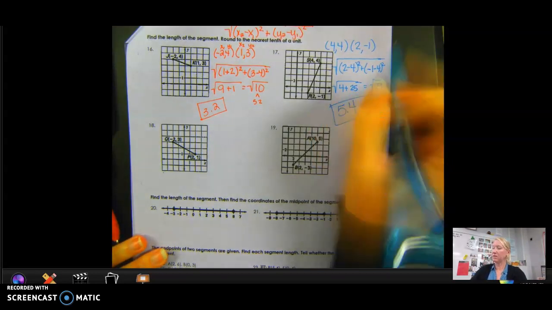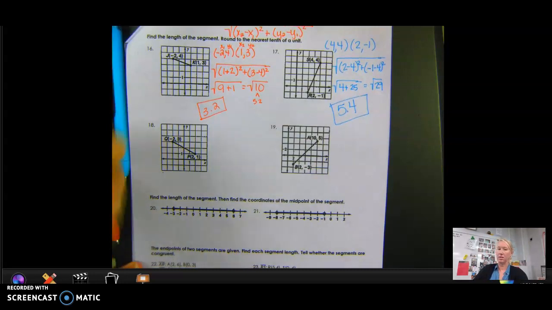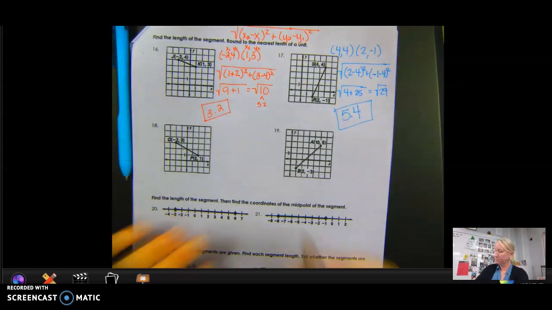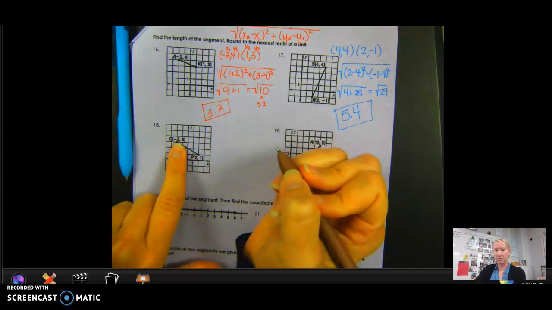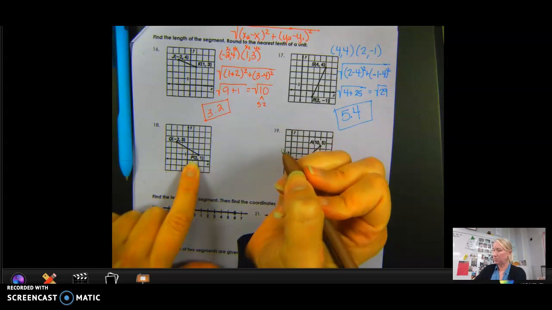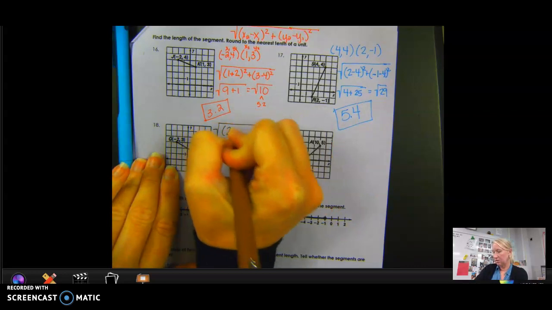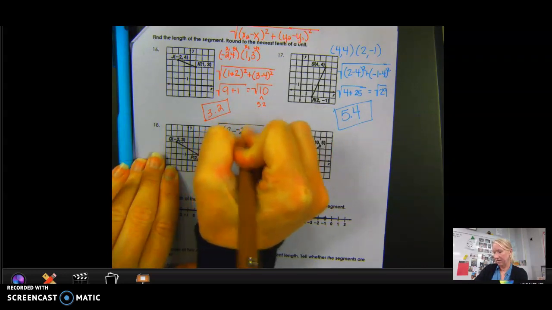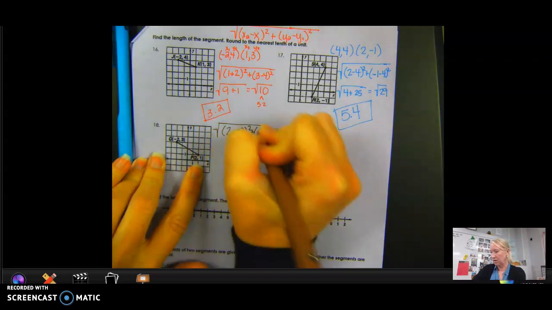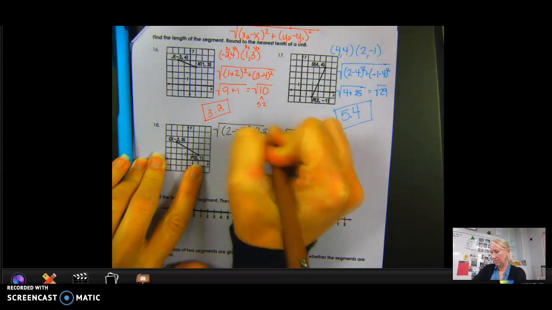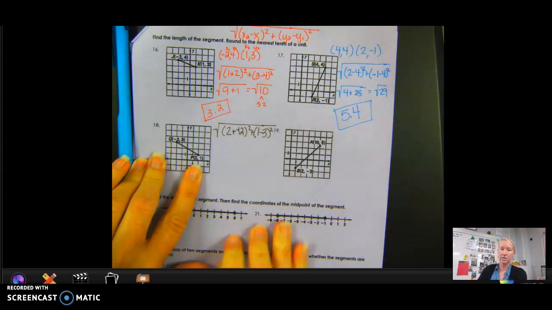Go ahead and pause me, and I want you to try 18, 19 on your own, and then unpause me when you're finished. So I'm going to use negative 2, 3 as my point 1, 2, 1 as my point 2. So this is big square root. So this is 2 minus negative 2 squared plus 1 minus 3 squared. 2 negatives make a positive.